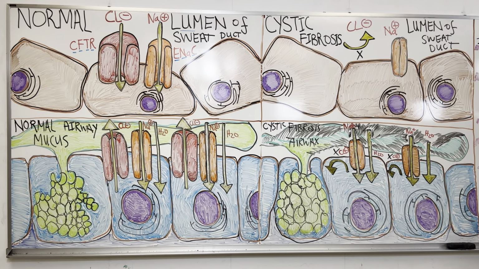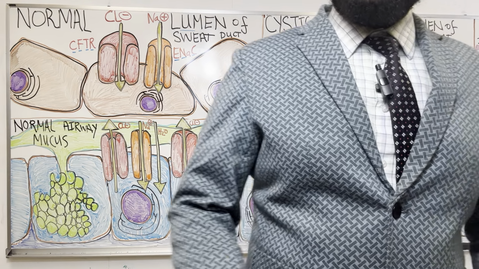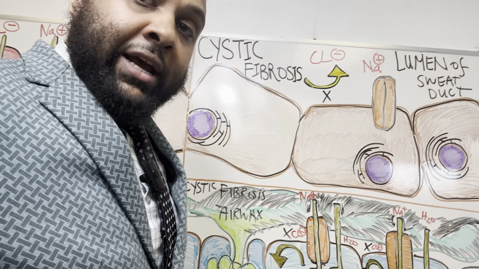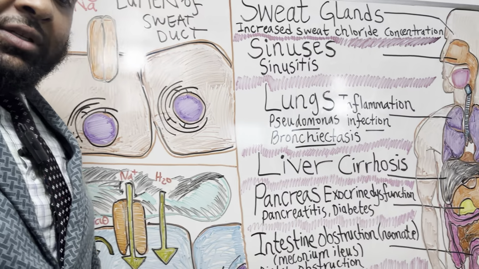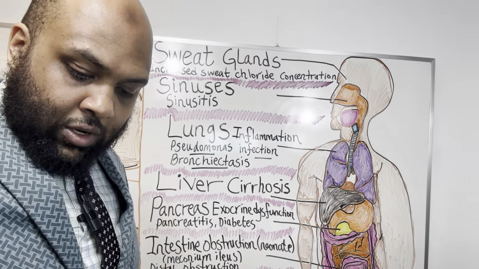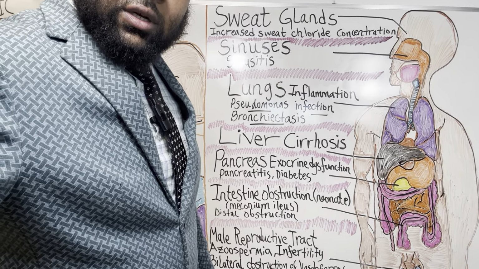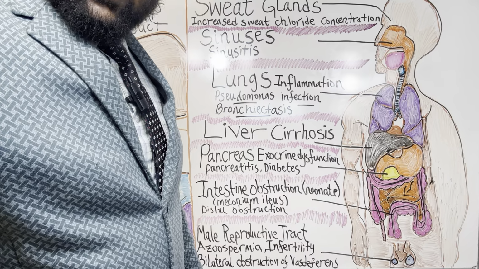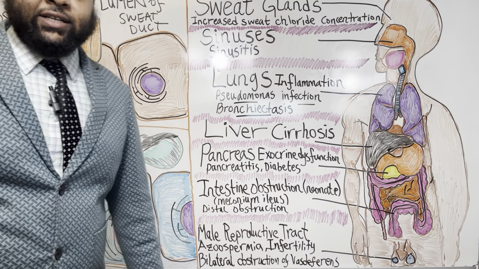Now we learned that when the receptor is not there, something happens to the electrolyte chloride, and based on what happens to the chloride, we learned what happens to the sodium and water. Now let's look at what happens to the body.